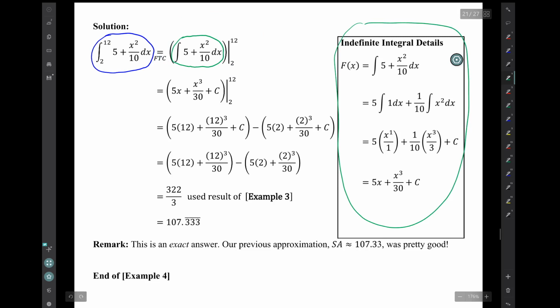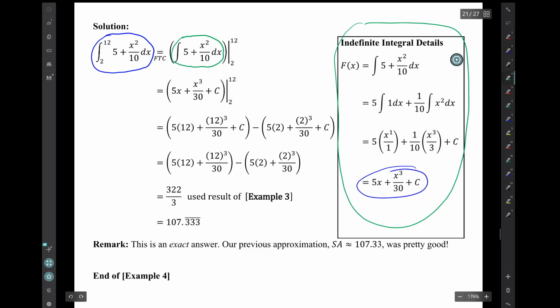So the indefinite integral of 5 plus x squared over 10, we compute in the standard way. We use the sum and constant multiple rule to break the integral up into two integrals and pull the constant multiples out front. Then we use the power rule for indefinite integrals, and then we end up with this result.